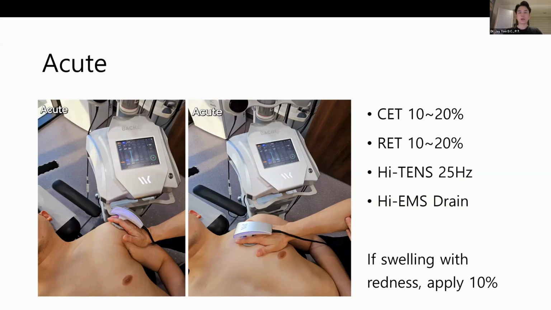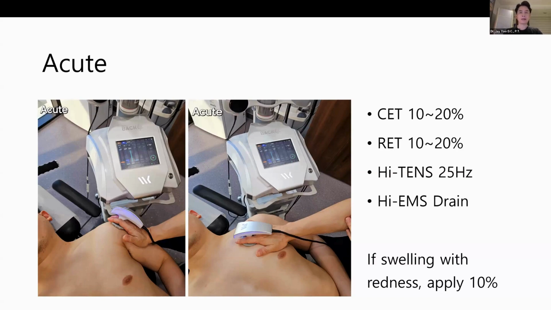In the case of swelling with redness, you need to apply only 10% intensity and 25 hertz high tense. 25 hertz high tense can help saturate the nociceptors, so pain can be decreased. So I use 10 to 20% RT with 25 hertz high tense for the control of the pain.